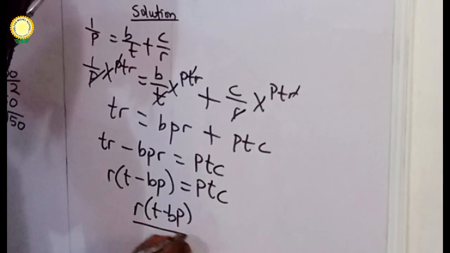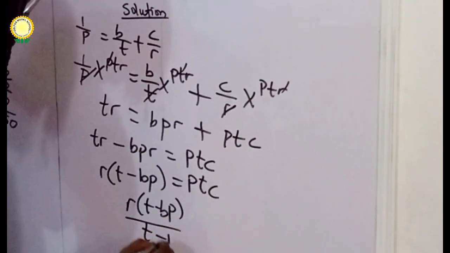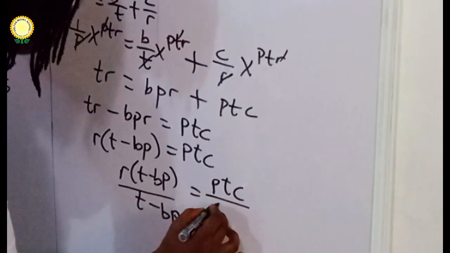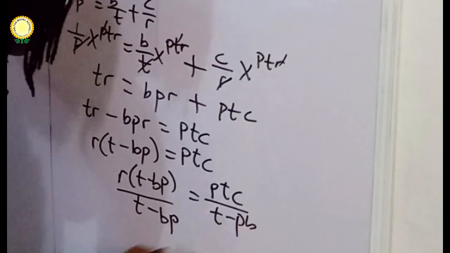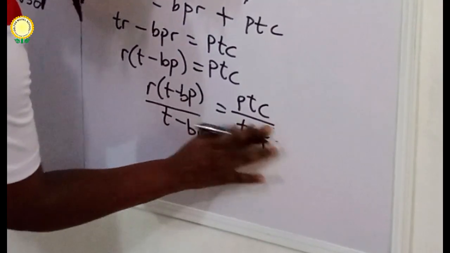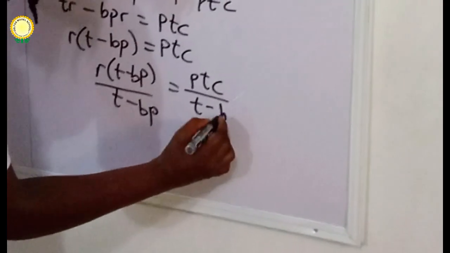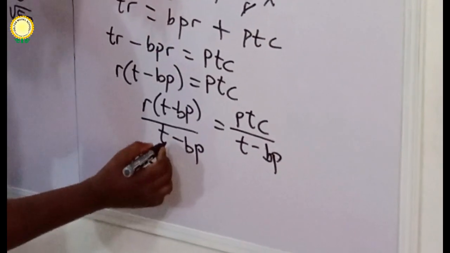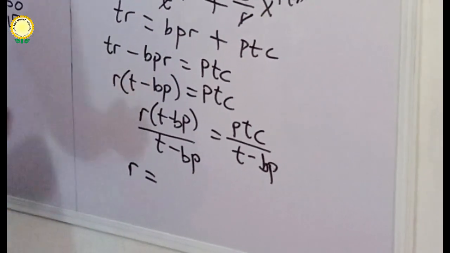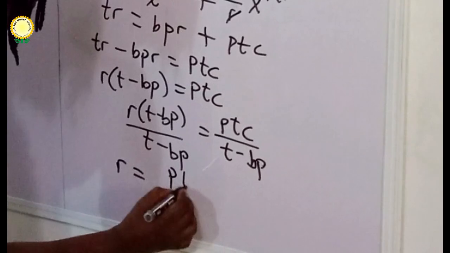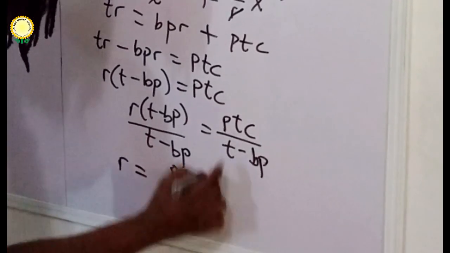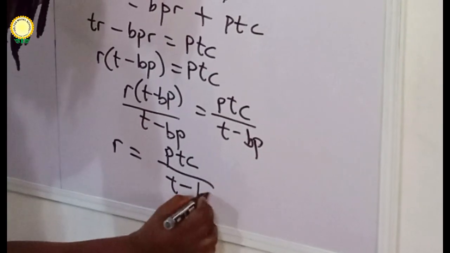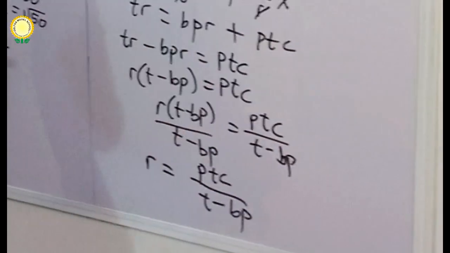You divide both sides by T minus BP. Divide both sides by T minus BP. Okay? BP or PB, both are correct. So R equals what? R equals PTC over T minus BP. So this is our R.